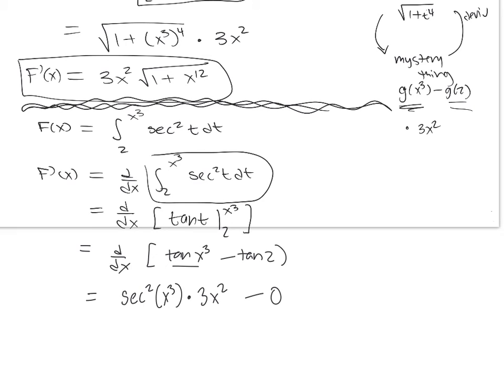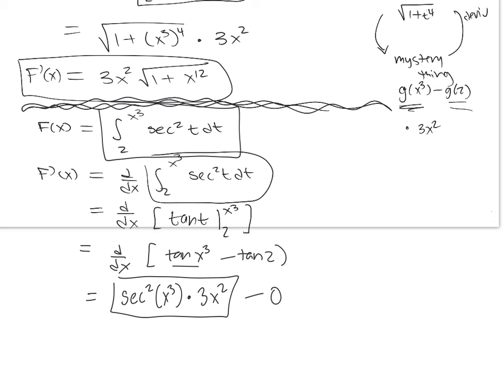Look at how this relates to the original: all that happened is x cubed got plugged in for t, and you multiplied by x cubed's derivative. That is the pattern. I'll give you a function for which you can't actually do the antiderivative, so you've got to know that's the pattern.